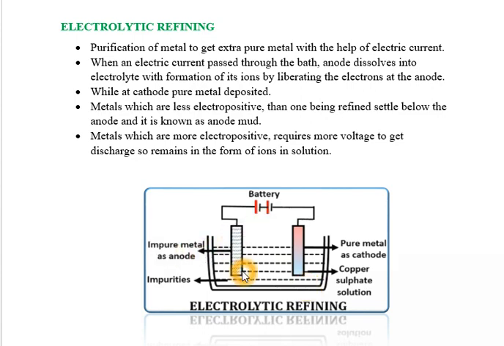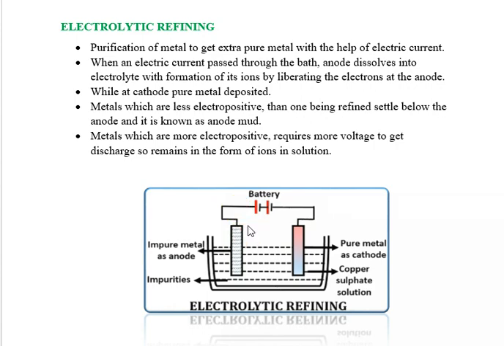Impure metal is made the anode and the pure metal is made the cathode, and the solution of the metal which is to be refined is taken, that is copper sulfate. When an electric current of definite voltage is passed through this bath, the anode dissolves into the electrolyte with formation of its ions, while at the cathode pure metal is deposited, by the cations accepting electrons.